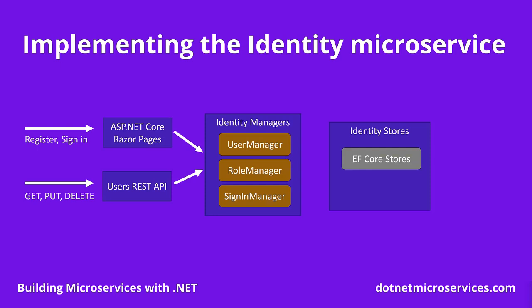We could certainly use this default implementation, but since we are already using MongoDB as our database server in our previous microservices, we will use a MongoDB-based stores implementation instead. All the identity managers will be configured to use these MongoDB stores to persist users and roles to a new MongoDB database owned by the identity microservice, therefore avoiding the need to bring in SQL Server into the picture.